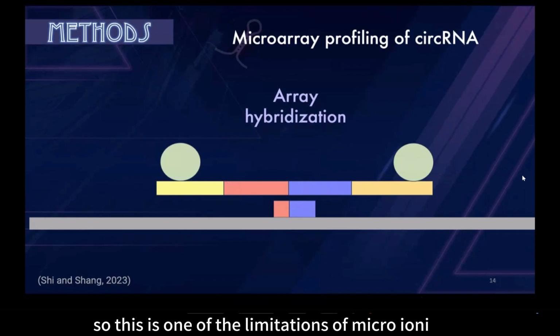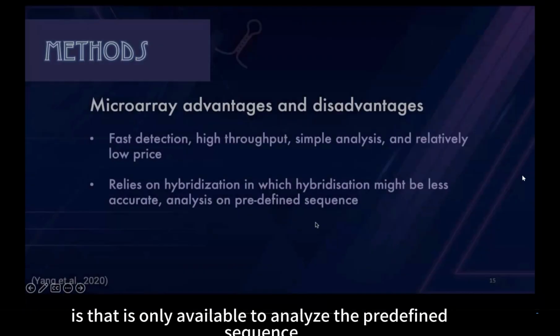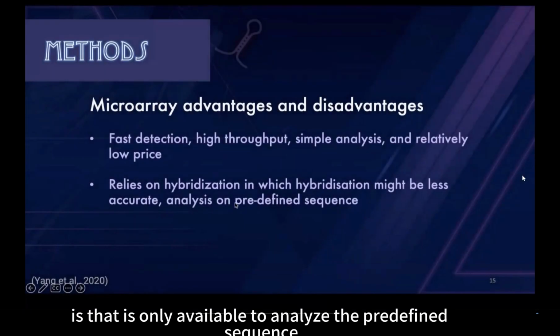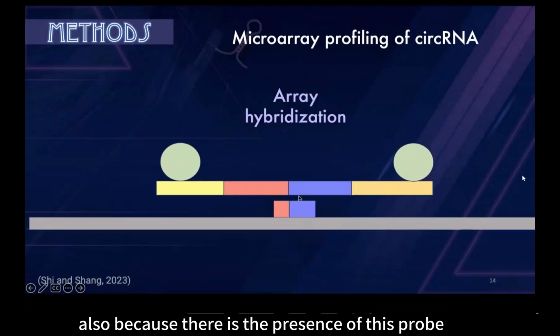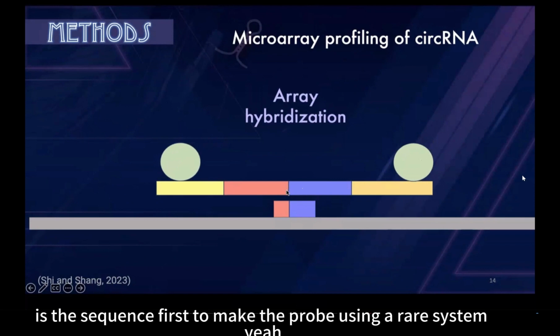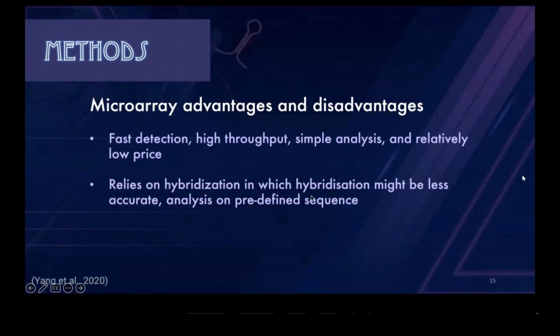So this is one of the limitations of microarray. Then the next limitation is that it is only able to analyze the predefined sequence, because of the presence of this probe. So you have to know the sequence first to make the probe using the arrayer system. Yeah, these are the disadvantages of microarray.